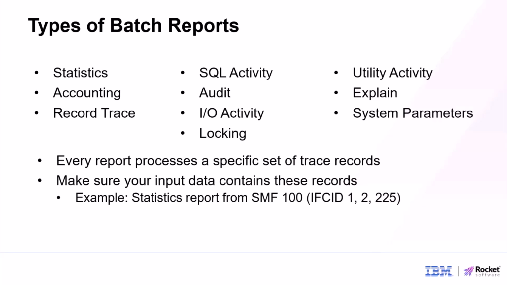The key point, though, is that you need to be sure that you have the appropriate trace classes active in order to generate the data for those reports. And that requires you to have a bit of knowledge of the different trace classes available within the instrumentation facility. So for that, you're going to reference your Db2 performance manuals.